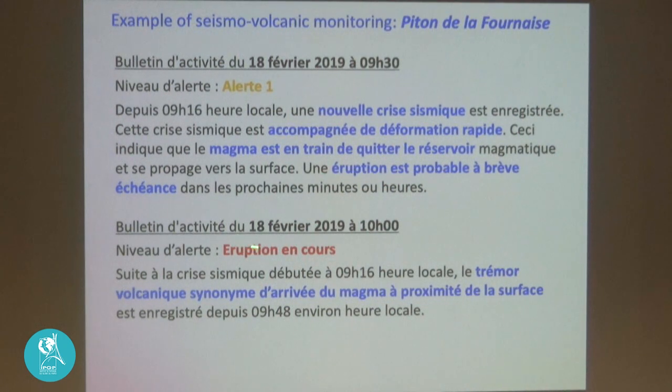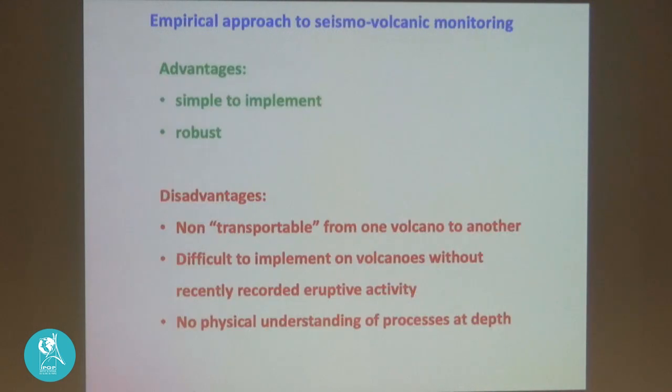Then at some point they detect volcanic tremor that they empirically know is equivalent to an ongoing eruption. So, okay, they detected the preparation of the eruption a few days before, and then they very clearly detected the onset of the eruption. So it works. This is a very powerful but empirical approach.